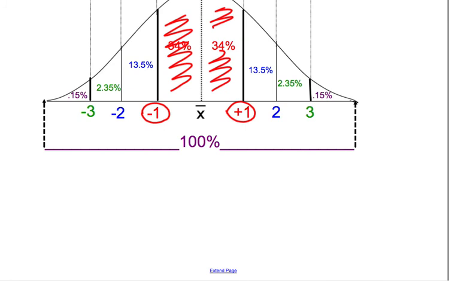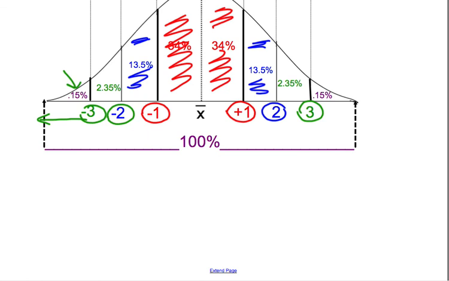And then same thing goes when you have plus 2 or minus 2, it will be 13.5%. And then at plus 3 or minus 3, anything above that would be 1.5% and 0.15%.